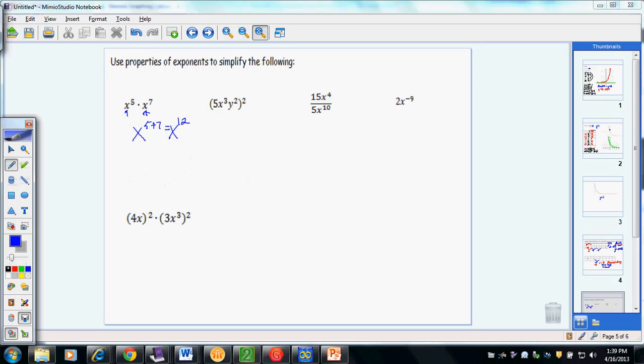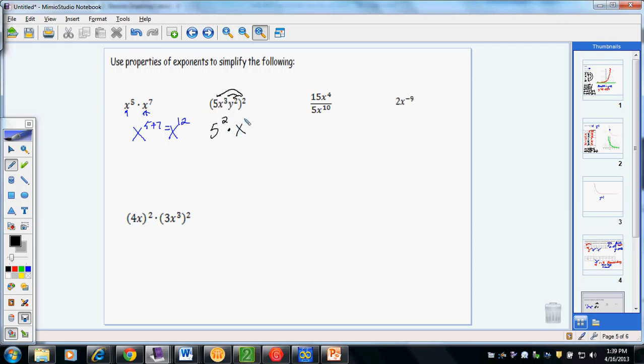So again, now let's look at this. If we have 5x cubed y squared to the 2nd power, this 2nd power gets applied to each different variable or number. So I would have 5 squared times x to the 3rd raised to the 2nd times y squared raised to the 2nd.